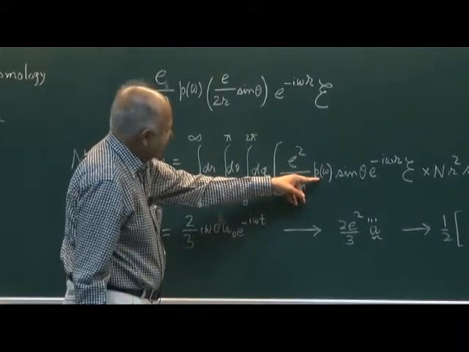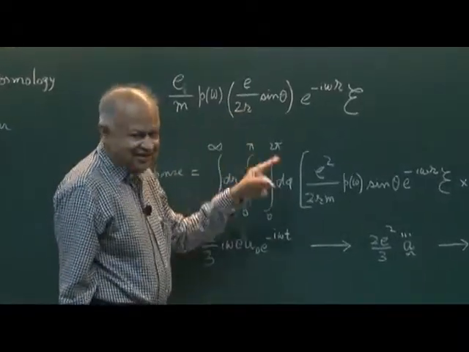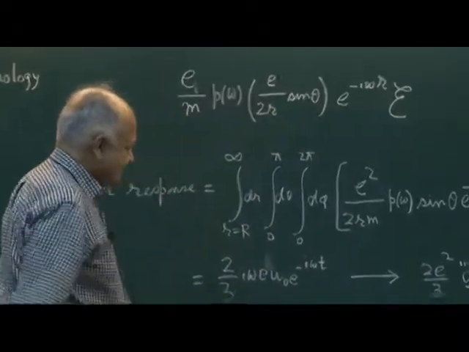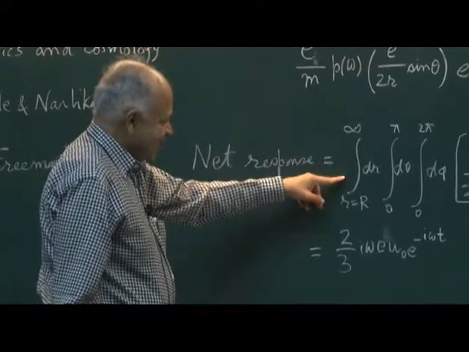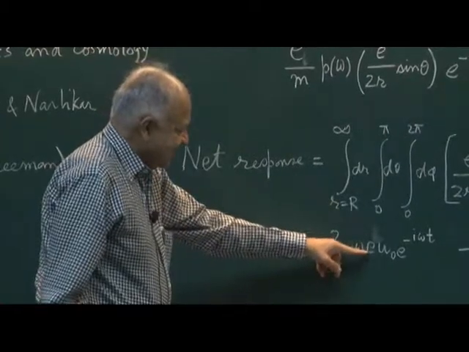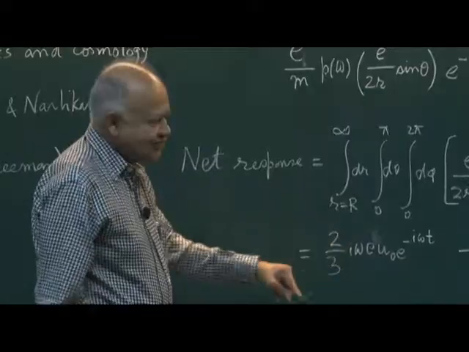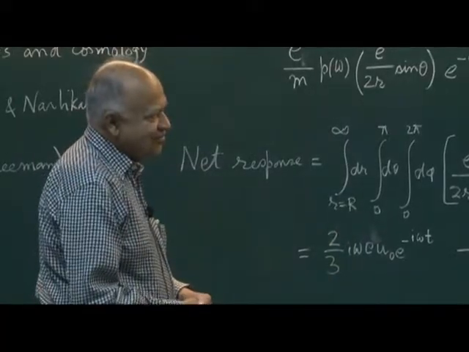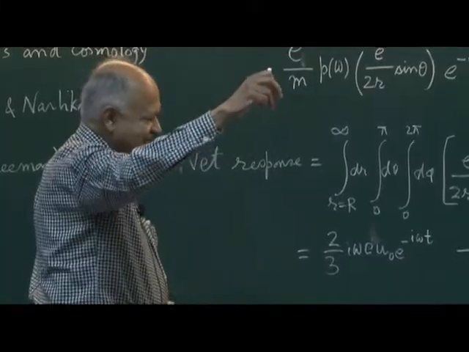This looks like an unknown factor, but it cancels out when you do the refractive index formula. So, when you evaluate this integral, you get a finite answer, 2/3 i omega E u naught e to the minus i omega t. So, what you have done is, you have moved a charge and produced a field at large distance.